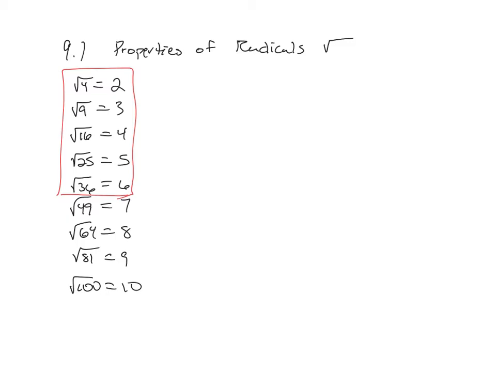So, let me kind of find one. Yeah, so if we had like the square root of 18, and we're going to be simplifying. Should have said that. So basically, when we simplify something, we're going to kind of break it apart.